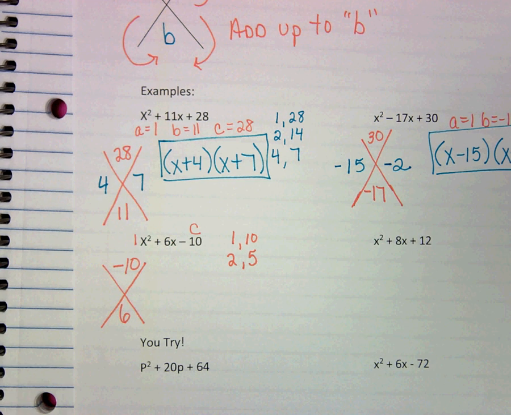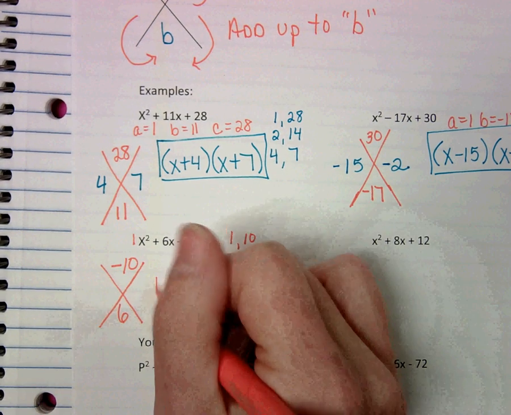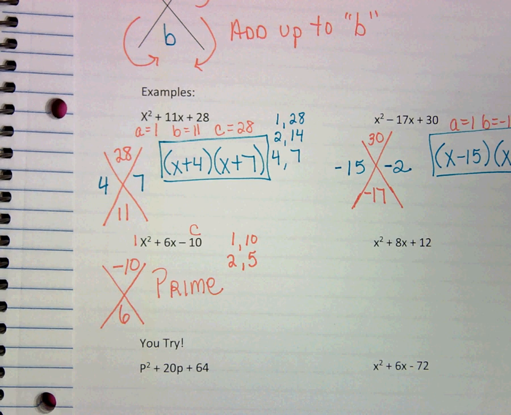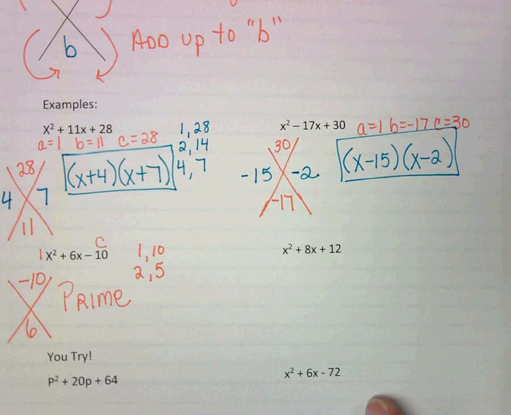Is there anything else that would work? There's not. So in this case, when there are no factors that would work, when something can't be broken apart anymore, we would call this prime. Now don't give up fast and assume that it's automatically prime. List all your factors out, make sure you haven't missed anything, and then you can say it's prime.